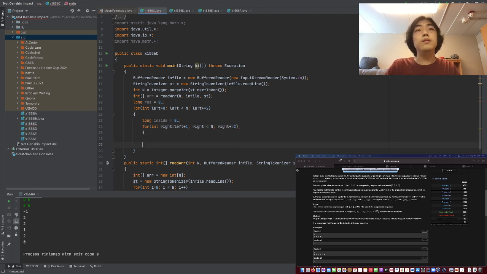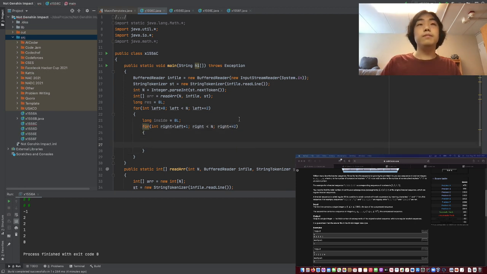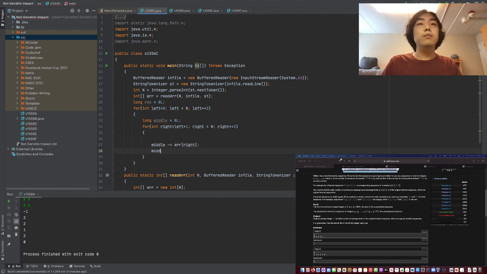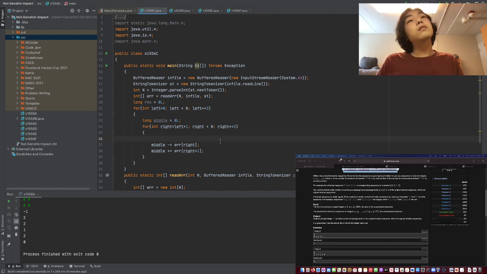And then same thing over here. And then over here we have to update the middle, I guess. I'll just call it middle. And then at the end it's just middle minus equal to array at right, and then middle plus equal to array at right plus 1. Right, because then it's like this and then this and then it moves on here. Yep. Okay, so how do we do this part then?